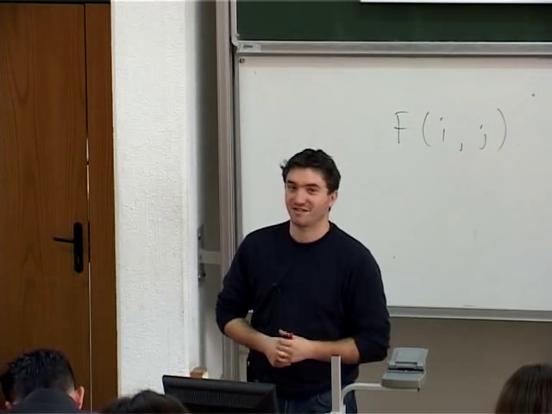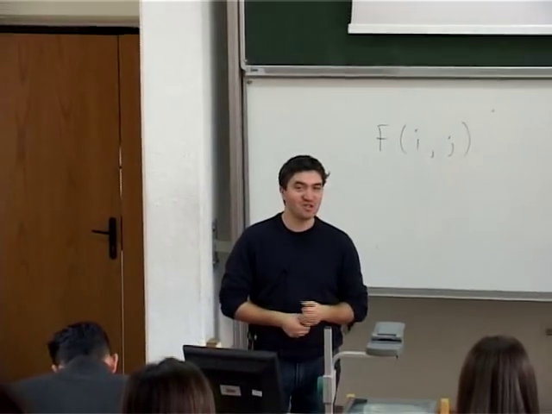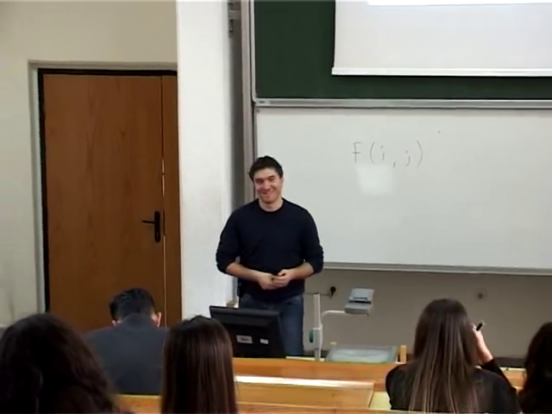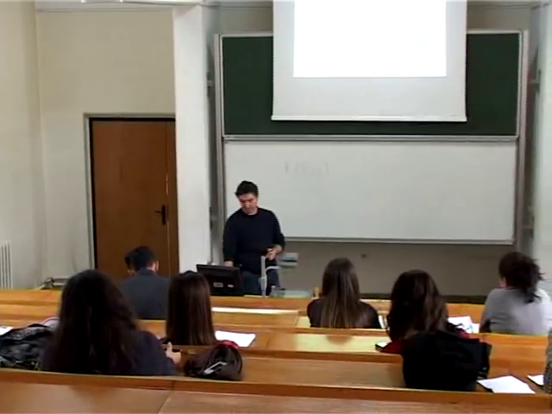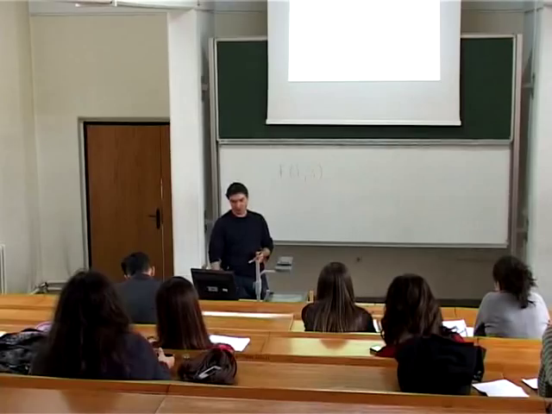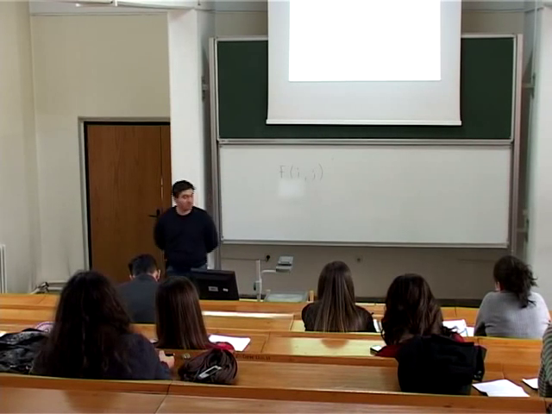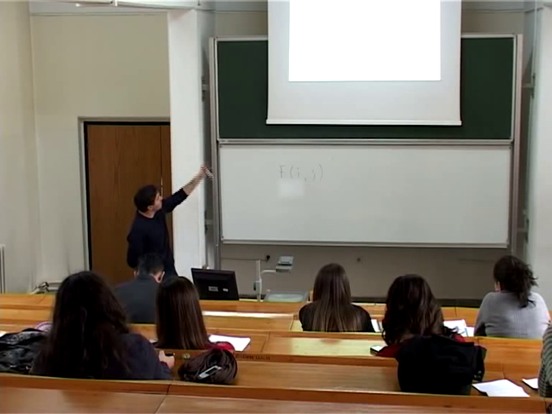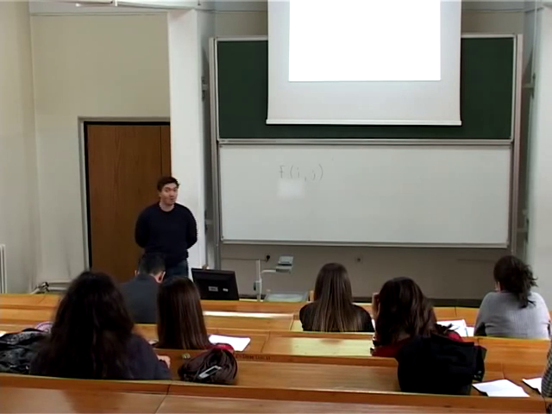Any guesses? It seems like a very difficult problem, but the solution is extremely simple. So let's get back to the original Needleman-Wunsch recurrence relation. What would you do? How would you modify this one to solve the local alignment problem?